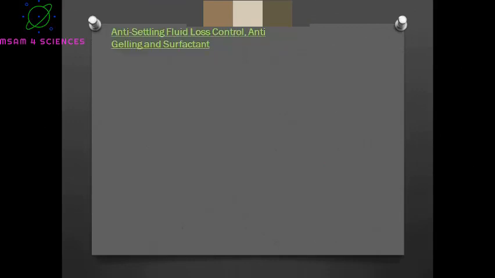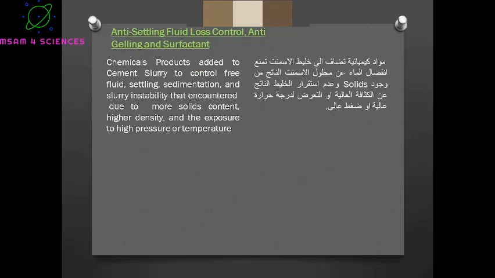Now we will discuss anti-settling, fluid loss control, anti-gelling, and surfactant. These chemicals are added to cement slurry to control free fluids, settling, sedimentation, and slurry instability that is encountered due to more solids content in the slurry or higher density slurry and the exposure to high pressure or high temperature.